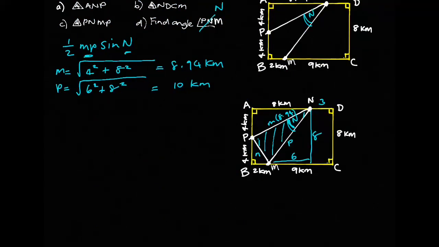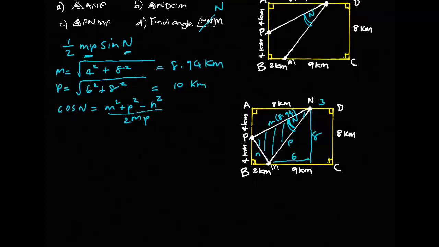Now I just want to take you back to before we did the area rule, and go through the same problem, only this time use the cosine rule to find the angle. So we still need to find what m and p are. So the cosine rule is cos n equals m squared plus p squared, which are the two adjacent sides of the triangle, minus the opposite side squared, n squared, divided by 2mp, the adjacent ones.